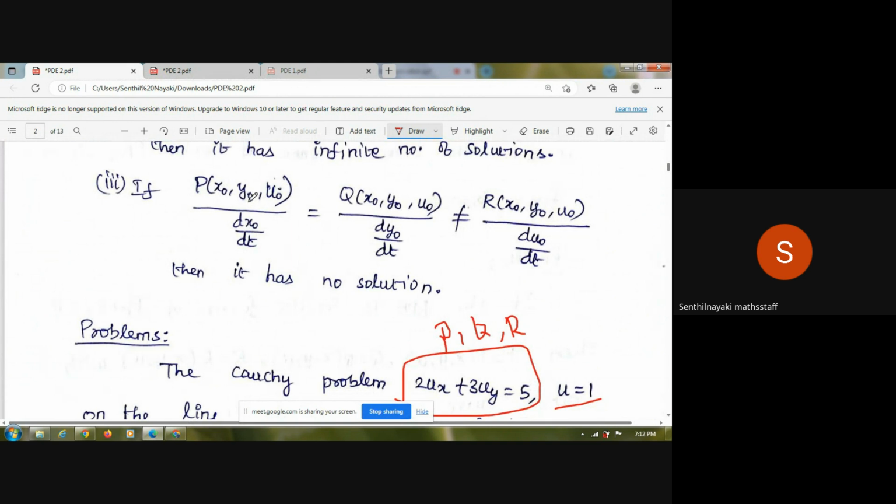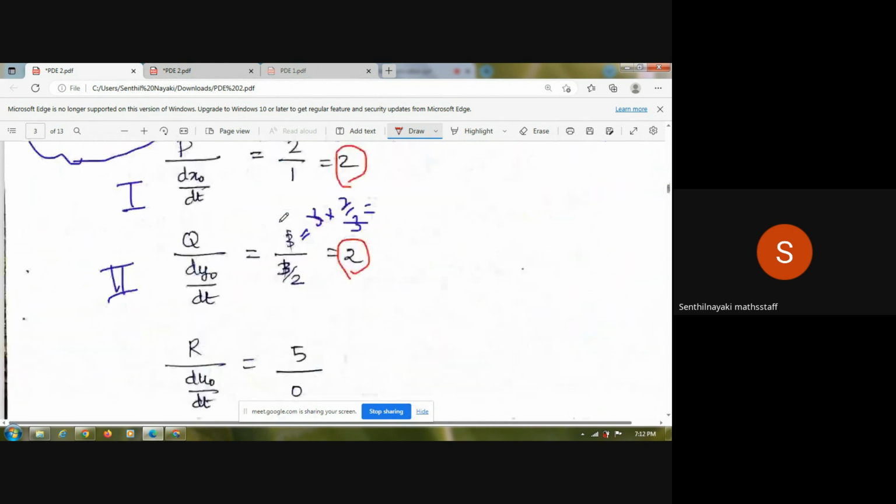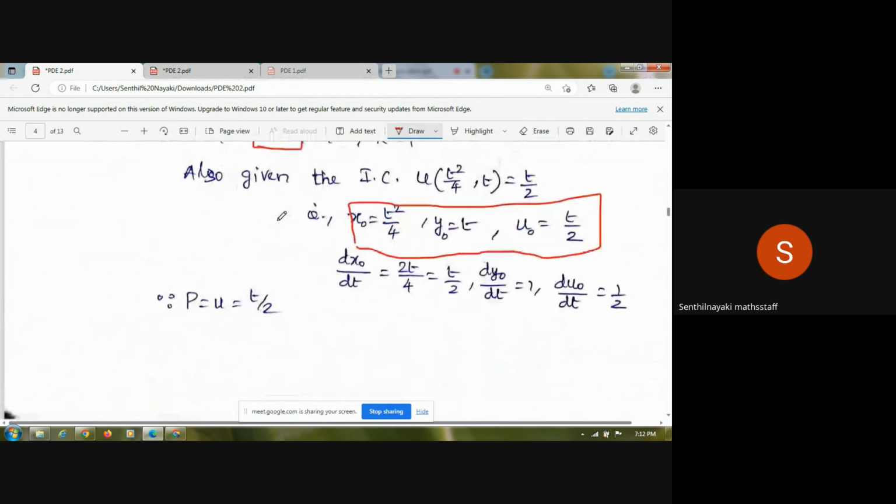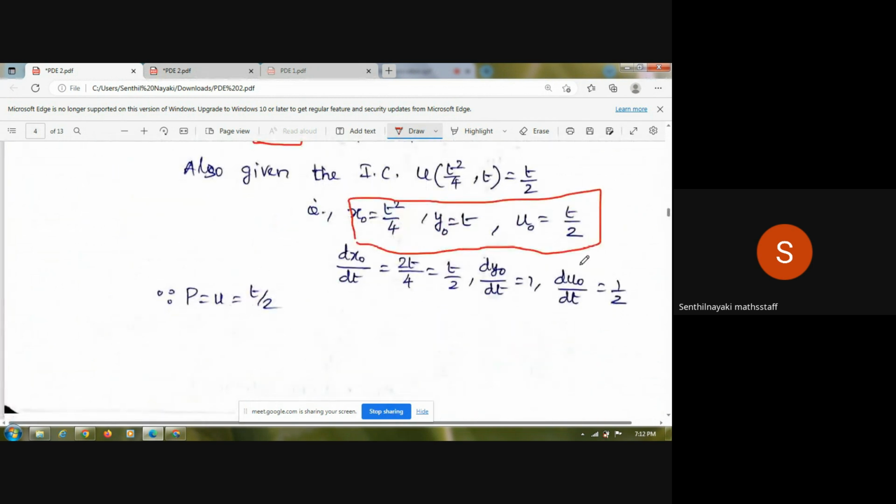We have to convert all those terms into the parametric form. Here the P value is in terms of u, so we have to write the parametric form. So P equal to t by 2. So for this u value, we have to substitute here.